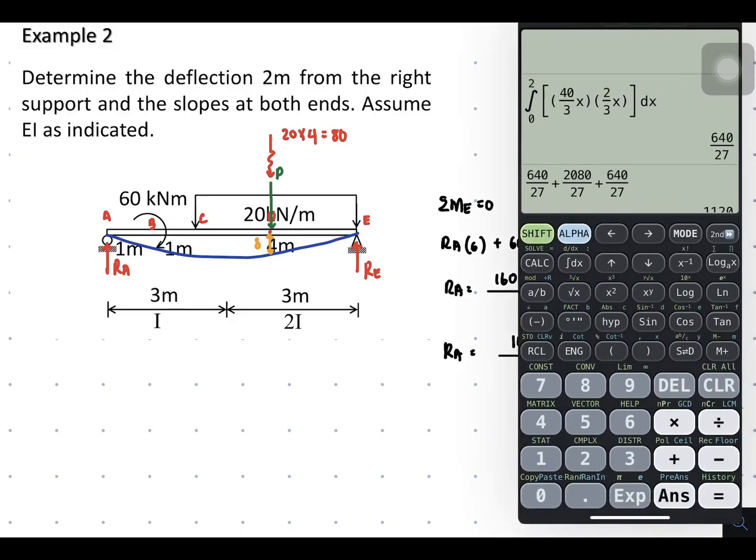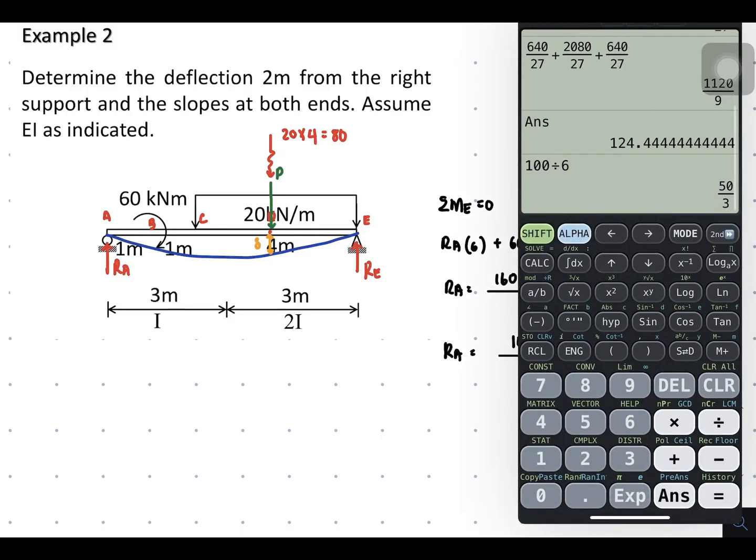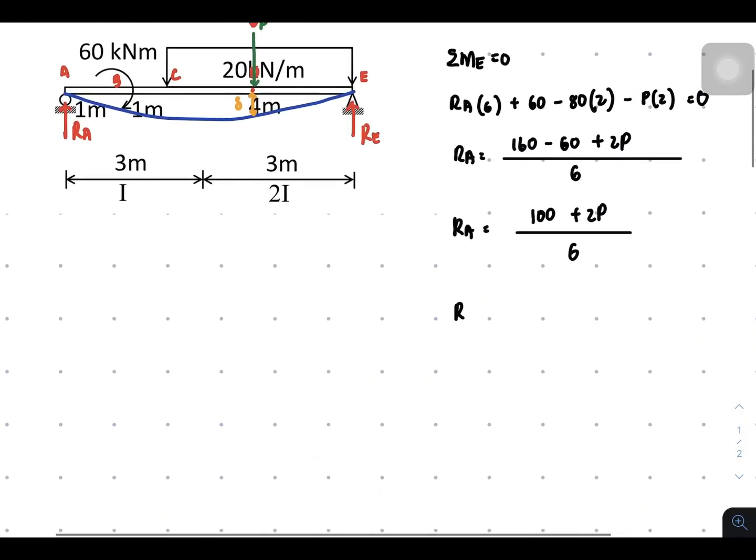So what is 100 over 6? It's 50 over 3. So RA is 50 over 3 plus 1/3 of P.